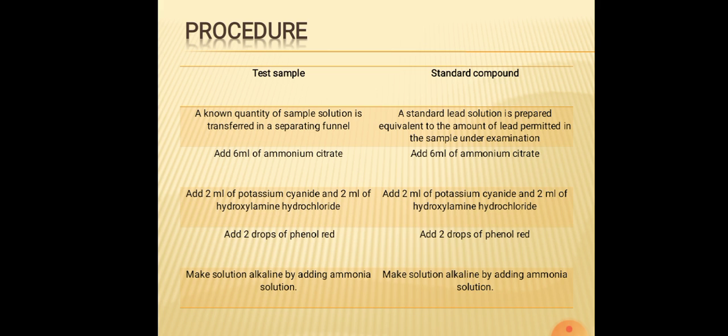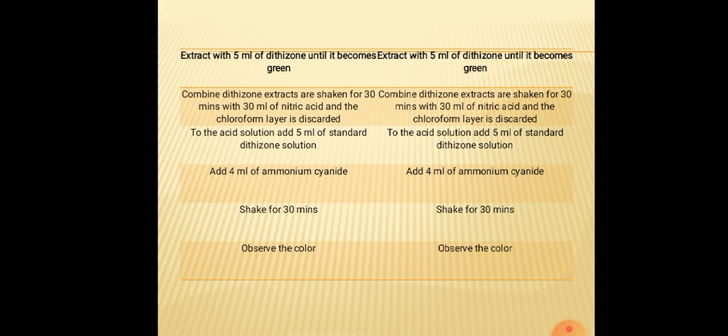To the above solution add again 2 drops of phenol red. Then make this solution alkaline by adding ammonia solution. After that, extract this solution with 5 ml dithizone until it becomes green in color.